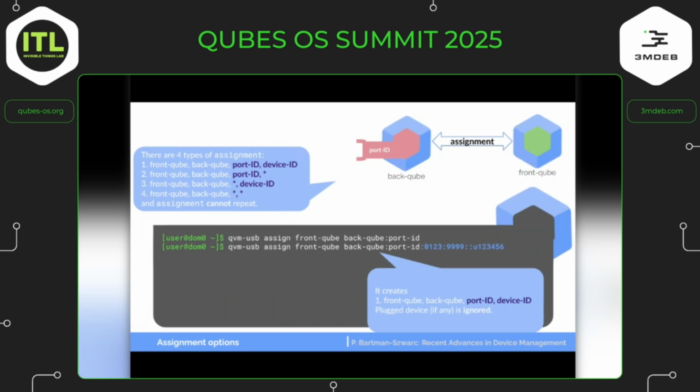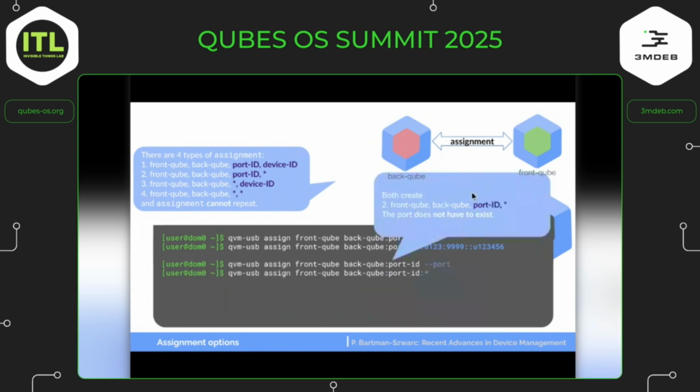In the second one, we can directly set the device ID, and in such cases we don't care if the device is present or not. We have all the information here, so we can create these assignments even if the device is not present. The second type is when we want to create port ID assignments.